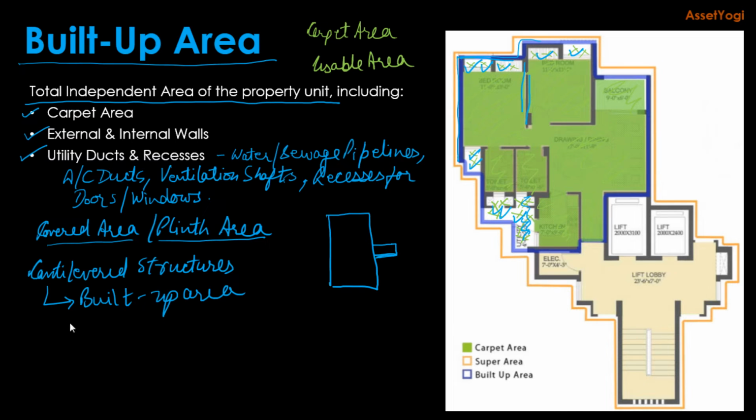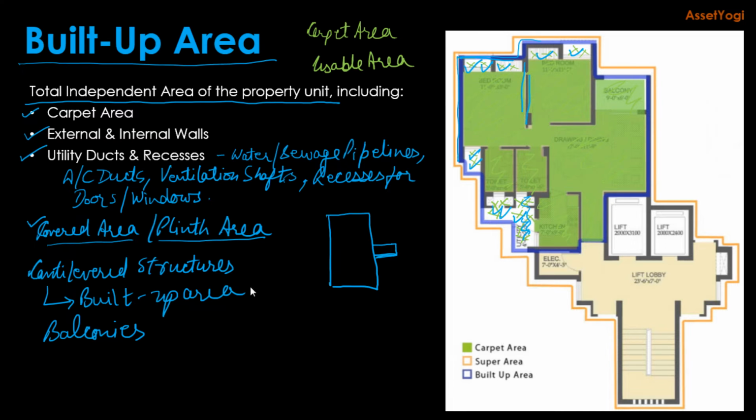So basically all the balconies that are cantilevered are covered under built-up area but not covered under covered area or plinth area, because by definition covered area or plinth area is the area under the roof. So I think you have understood the broad difference between built-up area and covered area or plinth area.